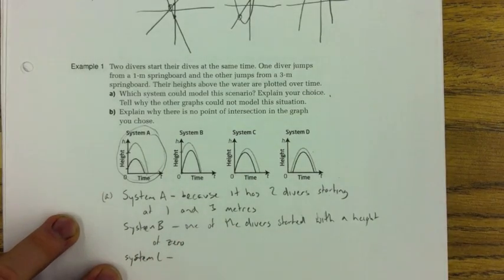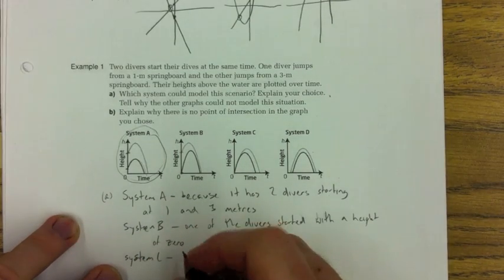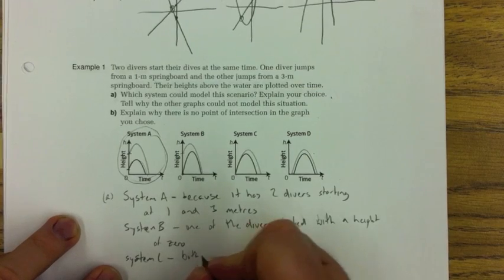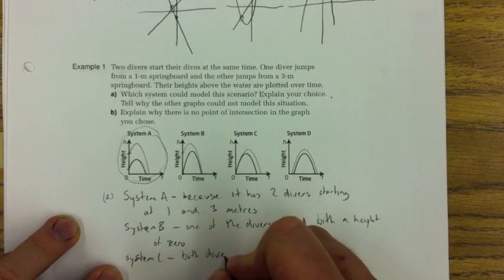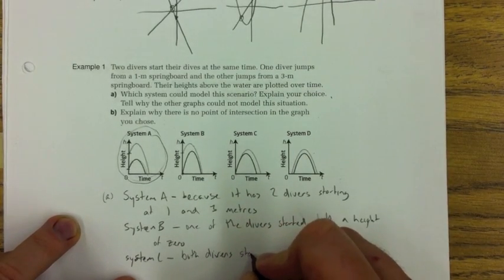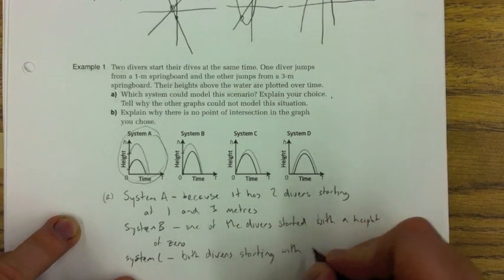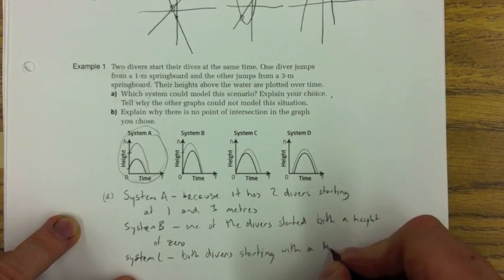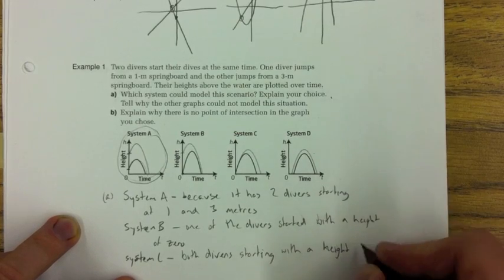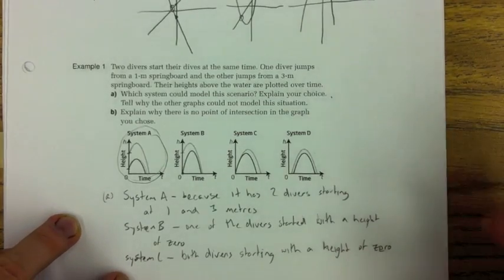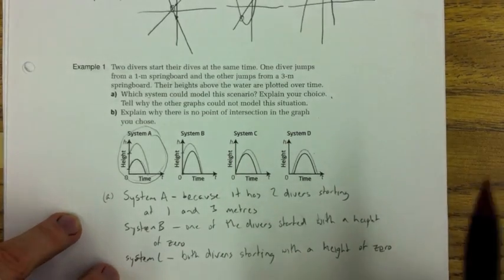Right? System C. Well, system C has both divers starting with a height of 0. And the story says that they started on a 1 meter board and a 3 meter board.